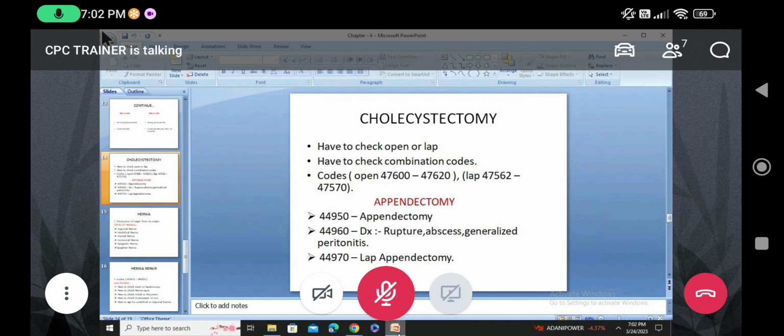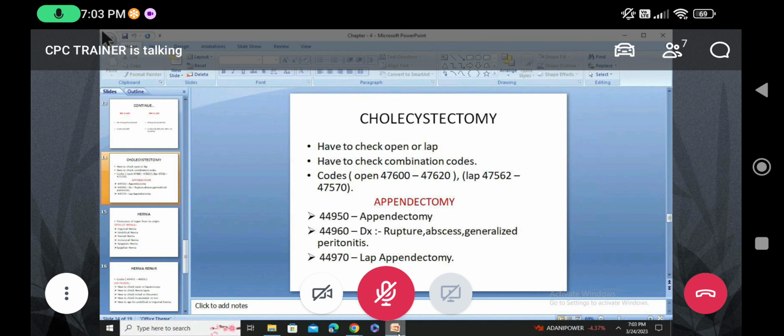In case of any condition other than these three with open appendectomy performed, you give the answer 44950. That's all. Do you understand? If it is open appendectomy, you check the condition. Any of these three conditions, you go for 44960. Other than these three, anything else, you go for 44950. That's the difference. Clear?